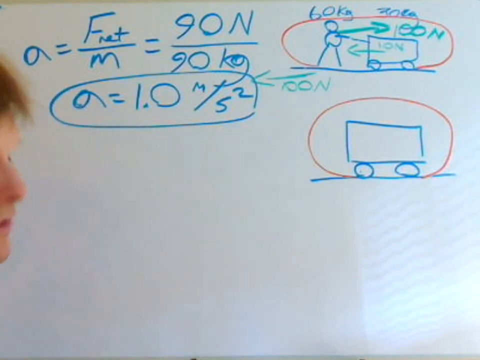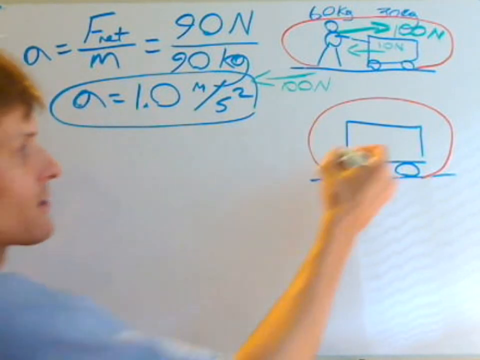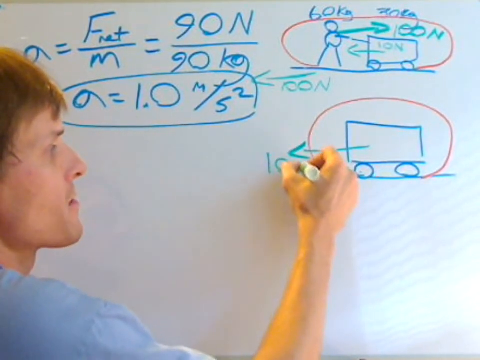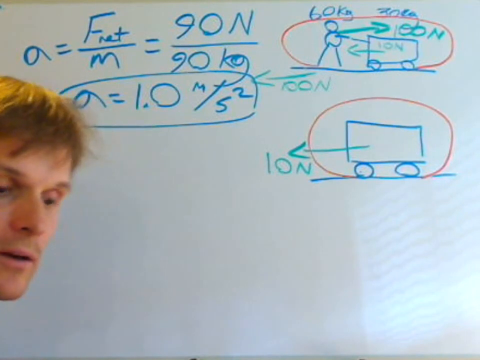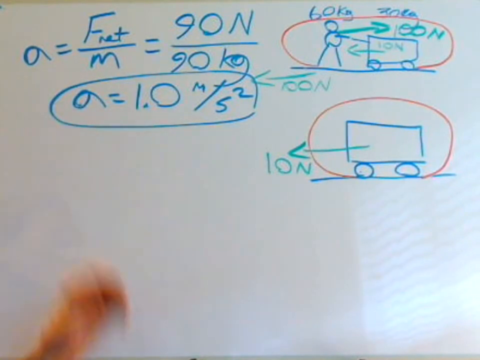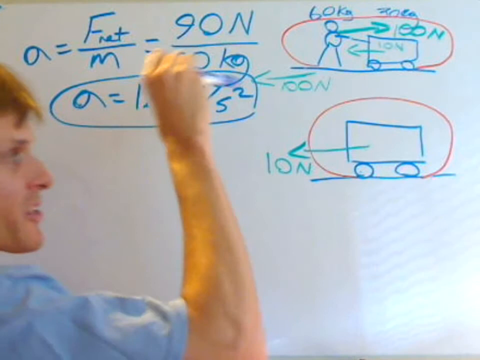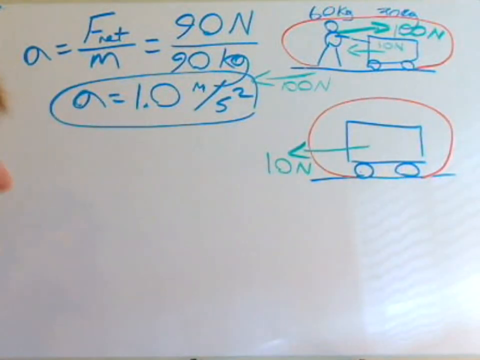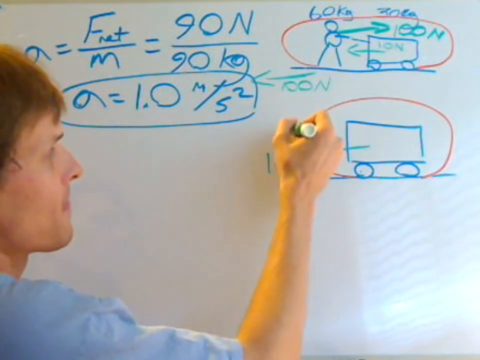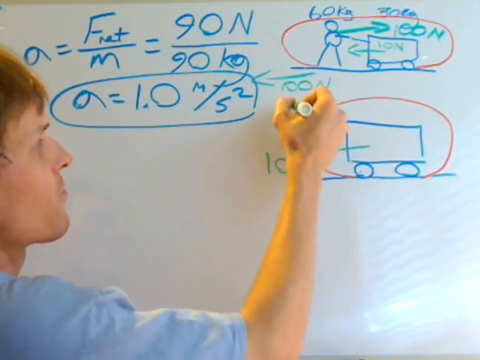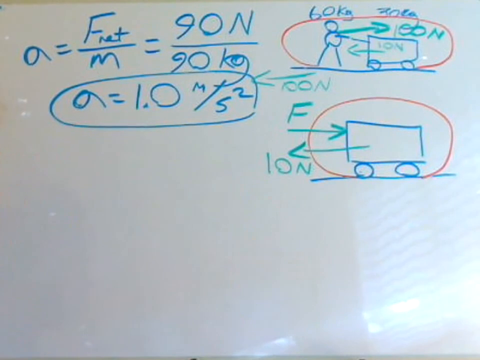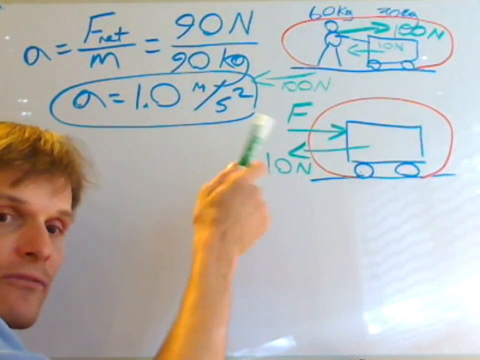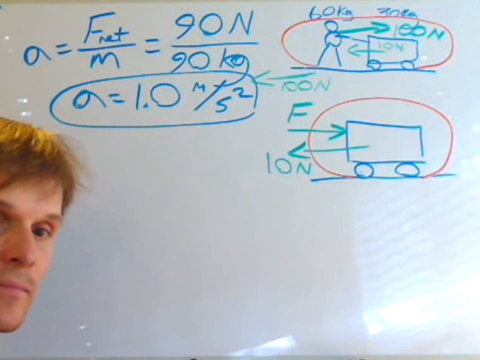Okay, so what we're told is that friction exerts a 10 Newton backward force on the cart, and the person is exerting some force on the cart, obviously, to push the cart that way. So that person then is pushing on the cart that way, and we'll just call that force F. Okay? So now, this person pushing on the cart, that force is external to our system.